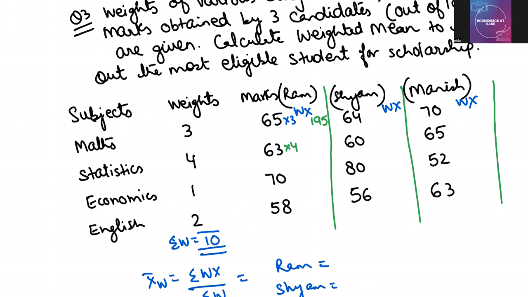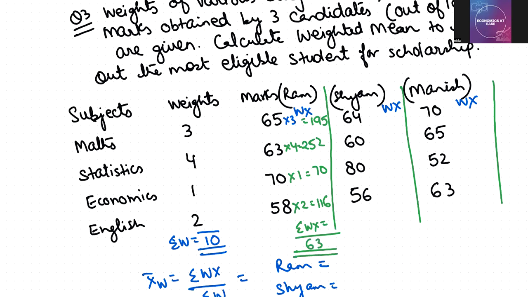So you will get 252. Then 1 times, so you will get 70. 88 into 2, you will get 116. Okay. तो इसका टोटल क्या आएगा? इसका टोटल है राम का आपका टोटल मिला के 633.